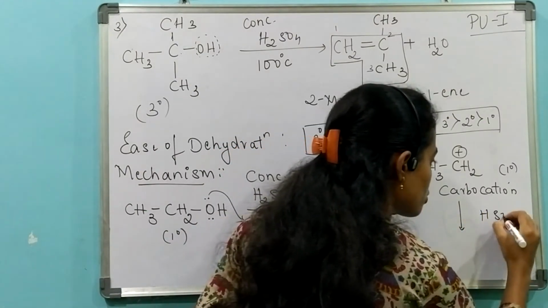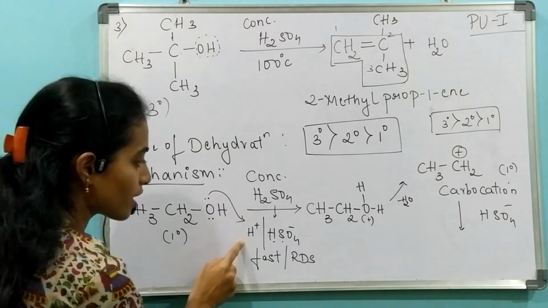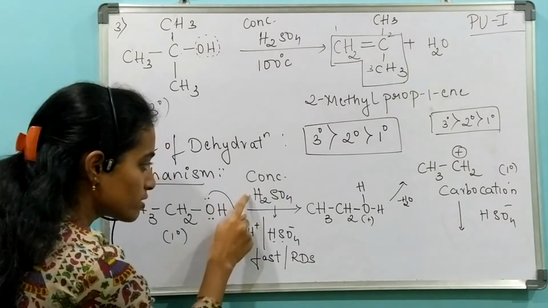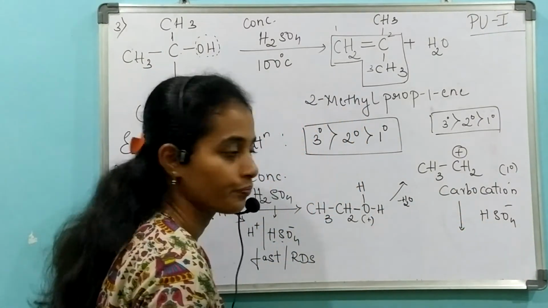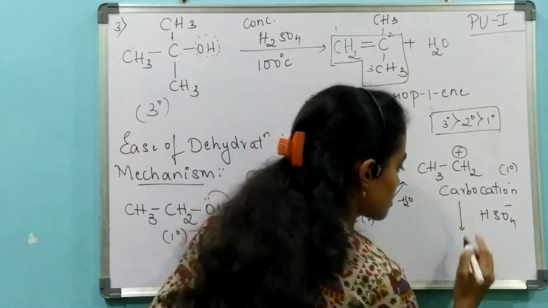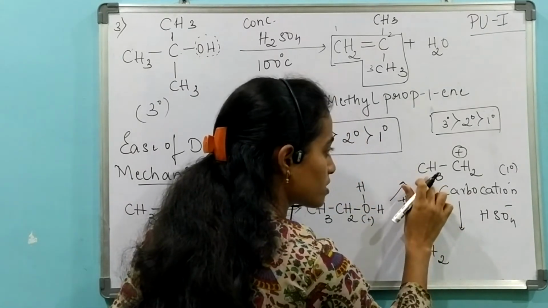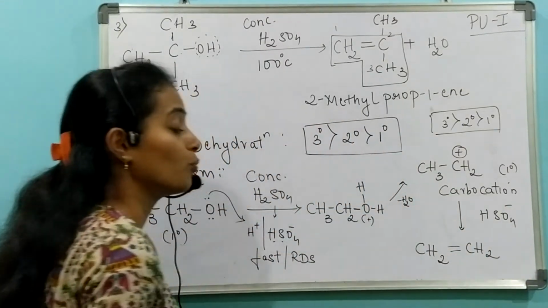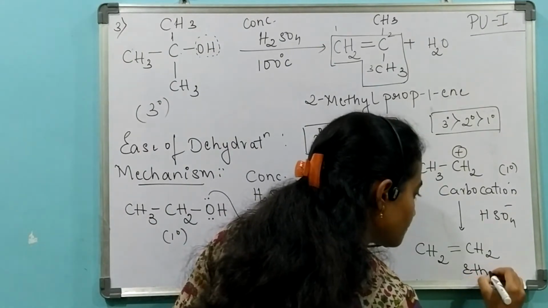In the first step, you have taken a proton from sulfuric acid, and now HSO4- gives back the proton. So you are going to get CH2=CH2. You gave a proton from this carbon, forming the double bond. You made a stable alkene, that is ethene.